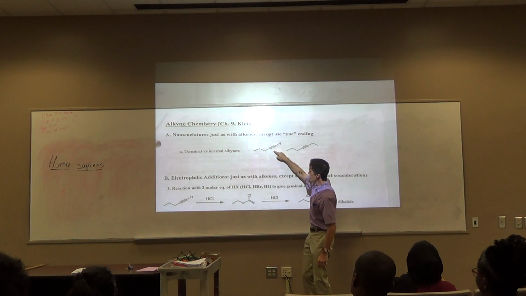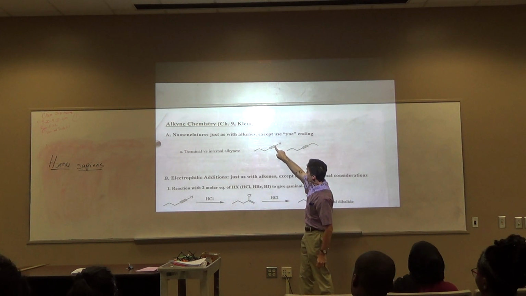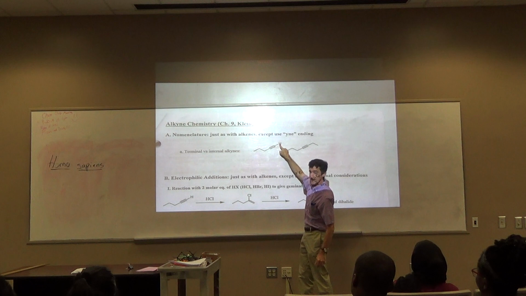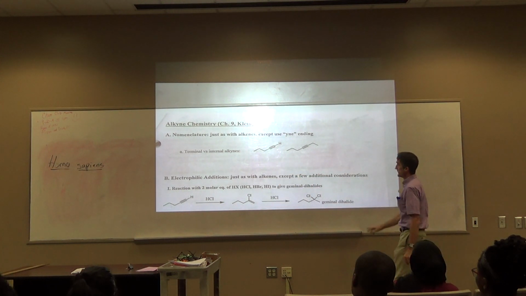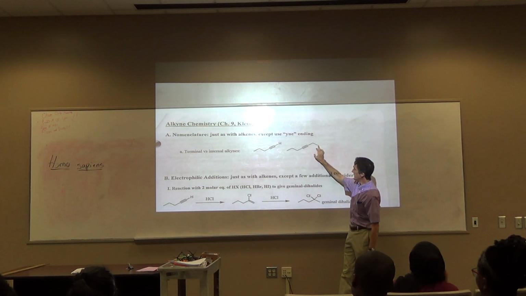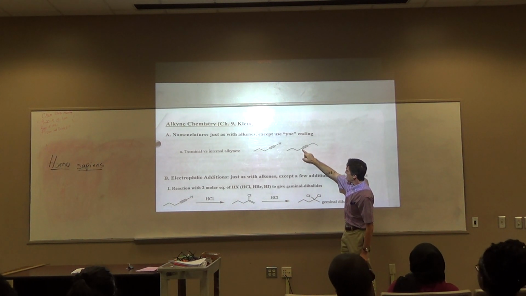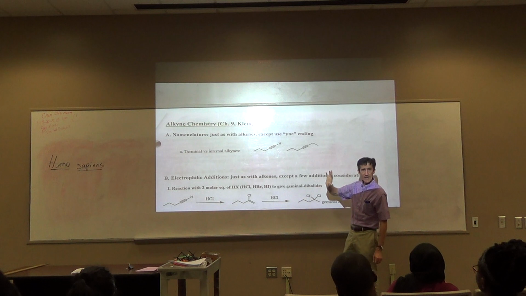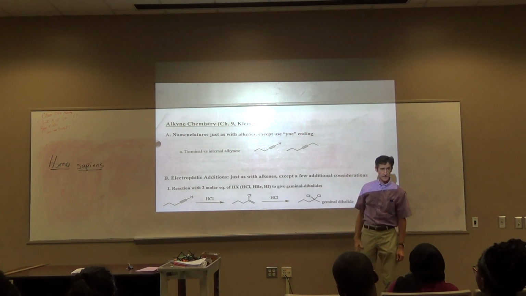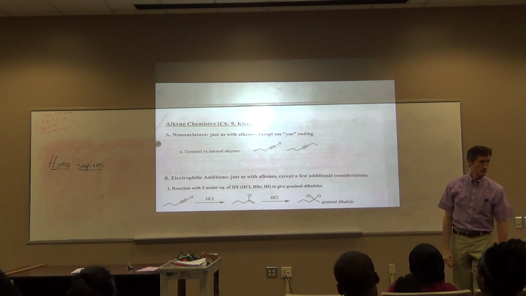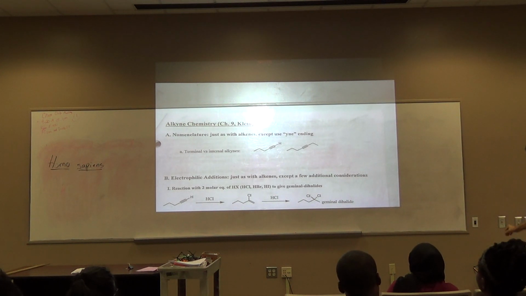This is called a terminal alkyne, when the carbon is at the end of a chain and thus has an H attached. Terminal. This would be an internal alkyne. That is, neither carbon of the alkyne has an H because it's not at the end. Terminal versus internal. Pretty straightforward.